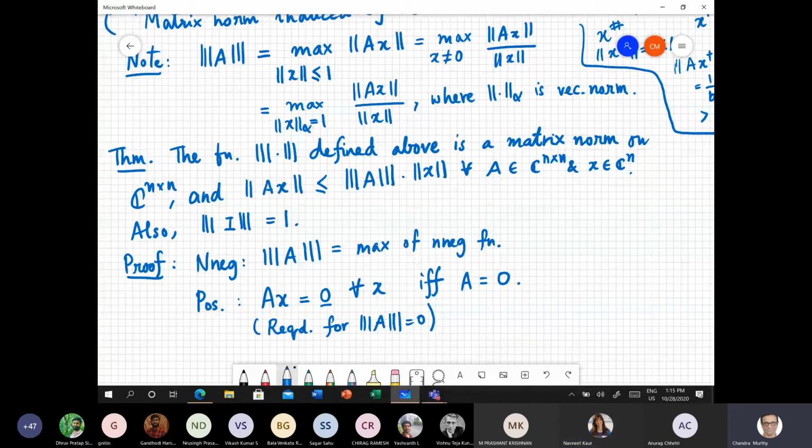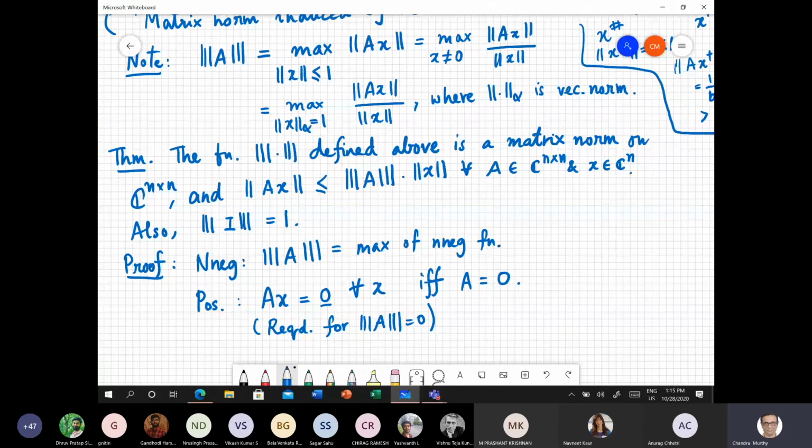One very simple way to see that is that if I take x equals the vector 1 0 0 0 0, then what that will do is to pull out the first column of A. Since Ax equals 0 for all x, it's also true for this vector. That means that the first column of A must be 0.